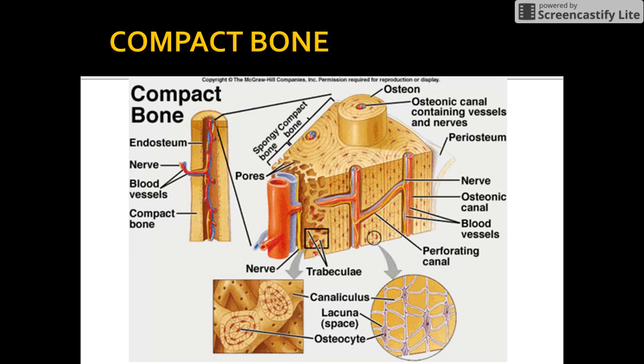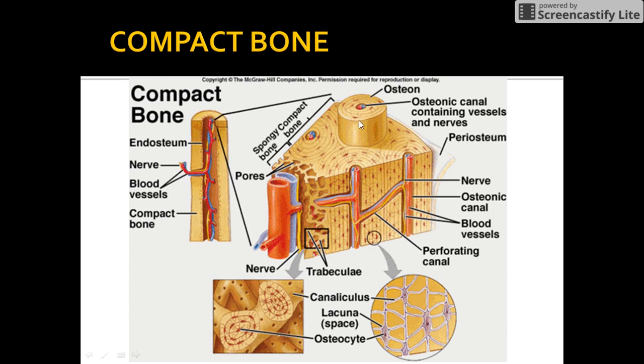They are lamellar bone. See, this is the structure of a long bone. So this is the diaphysis. The diaphysis is made up of compact bone. What is the structure in the compact bone? See, there are multiple osteons present in the compact bone. Each osteon has multiple layers.